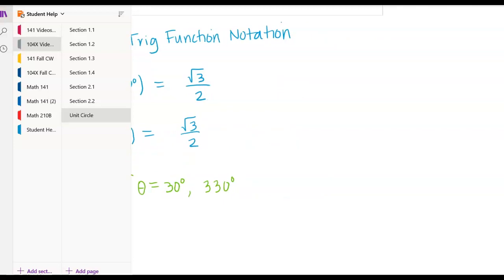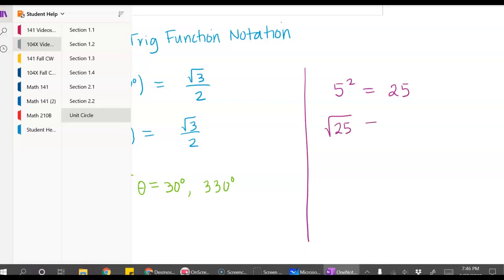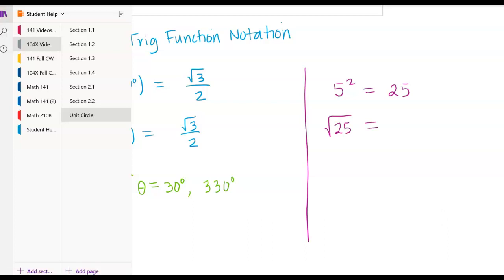You've seen this idea before when you've thought about square roots. If I take the number 5 and I square it, that'll give me 25. But if I go in reverse and I take the square root of 25, there's actually two possibilities I could get. I could have either 5 or I could have -5.